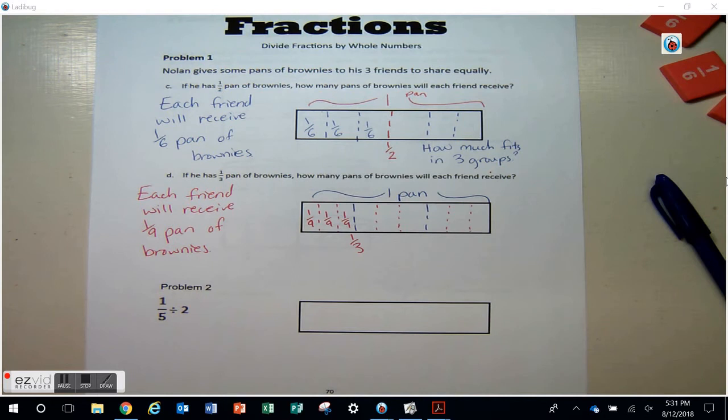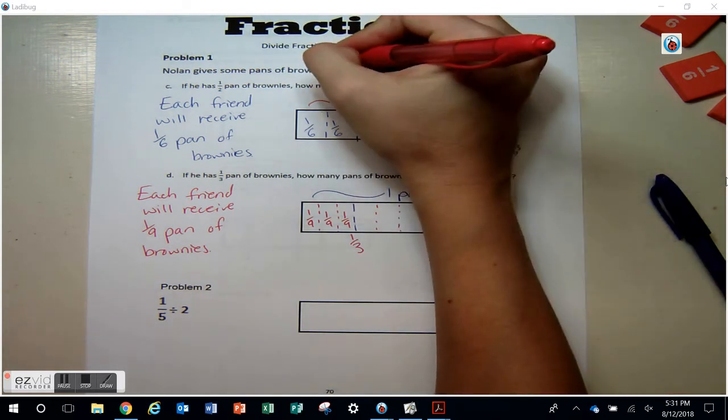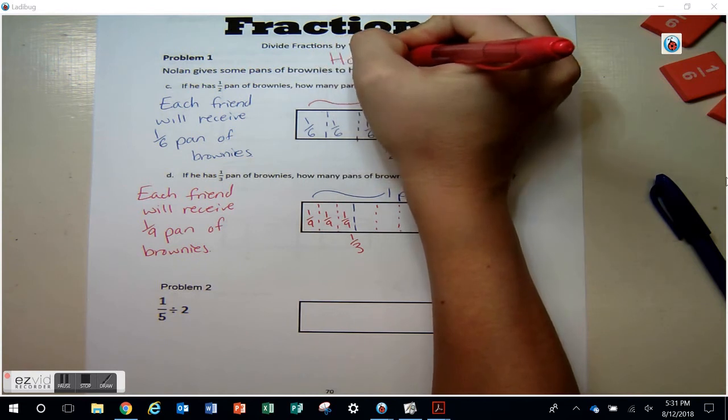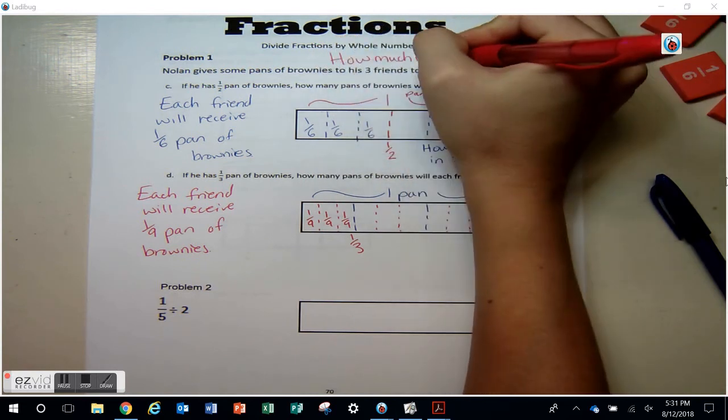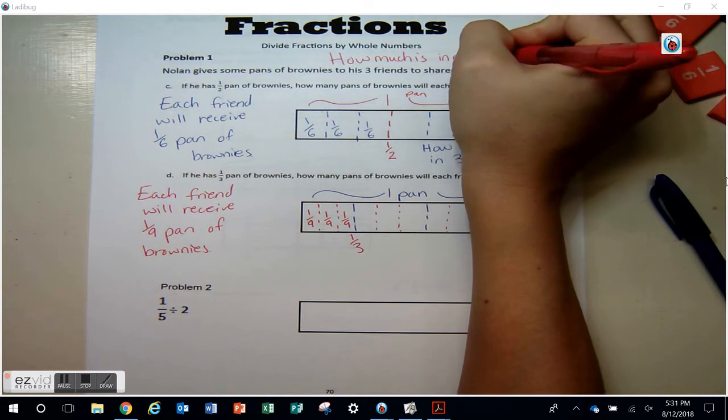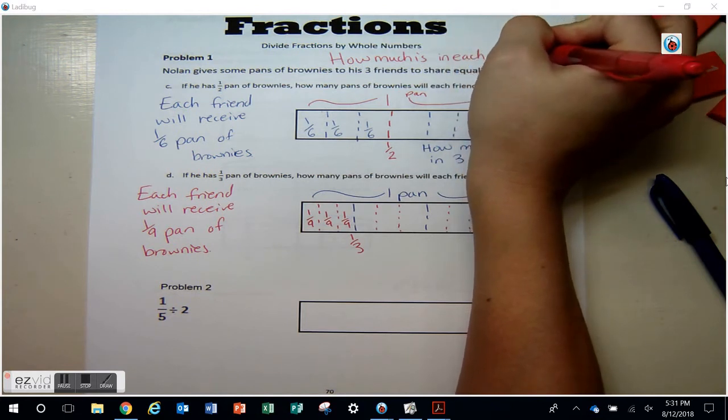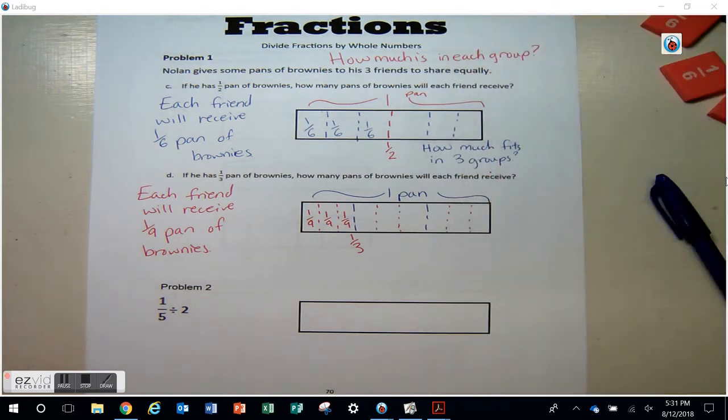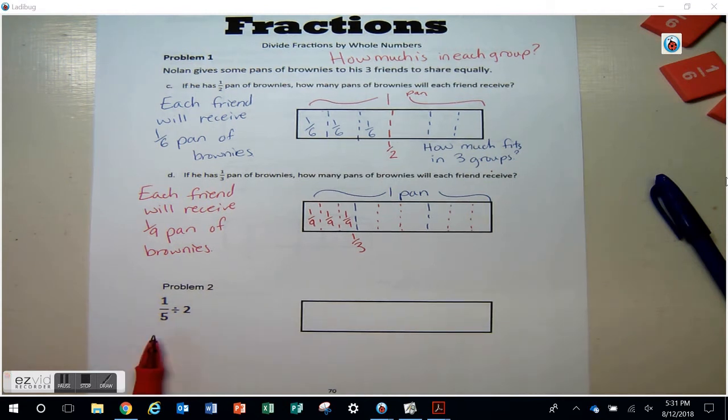How much is in each group versus how many groups? That's kind of our question of the day here. Problem 2, let's look at it.